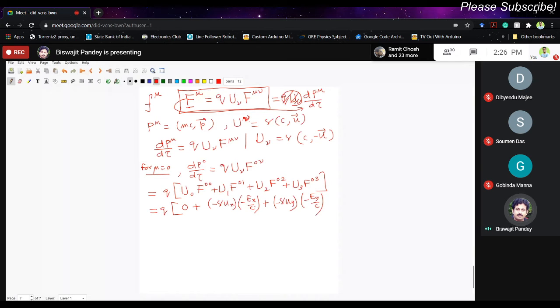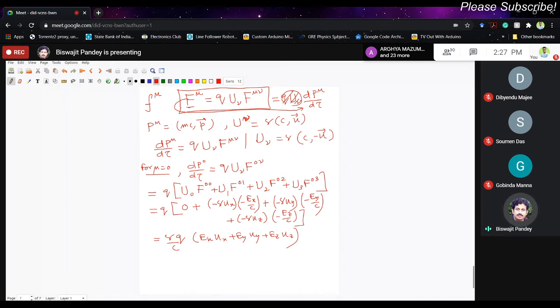And then u3 is minus of gamma uz, and this will be minus of ez by c, right. So minus minus, this becomes plus. You can see this will be equal to gamma q by c, then ex ux plus ey uy plus ez uz, right.